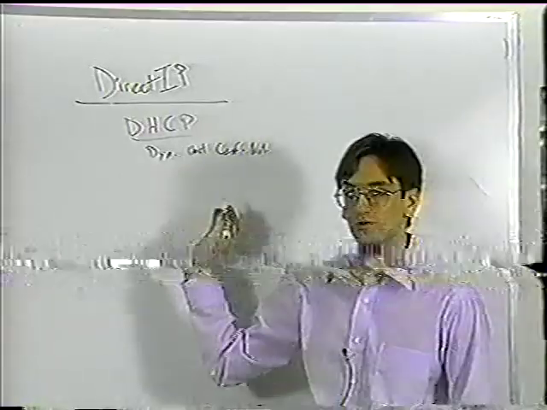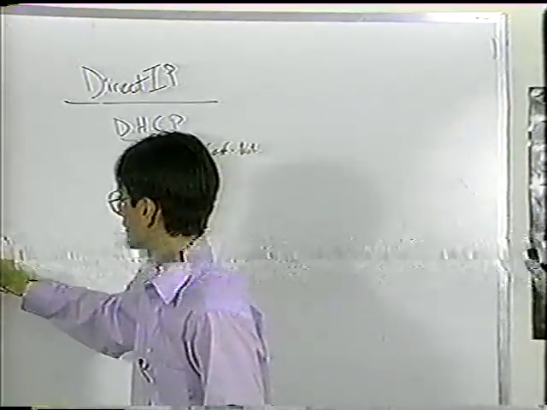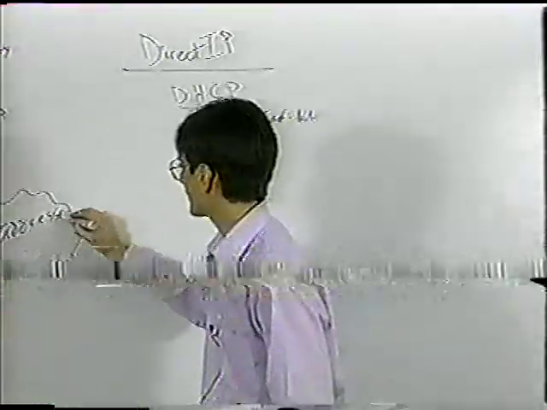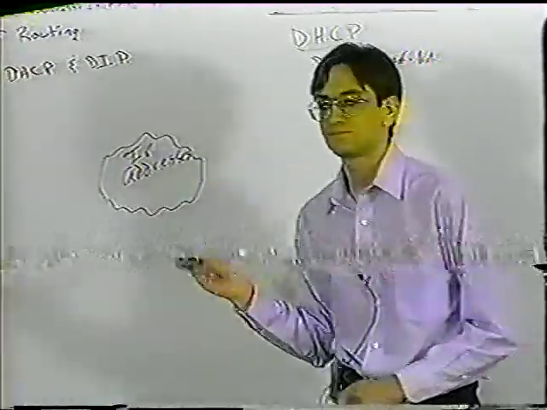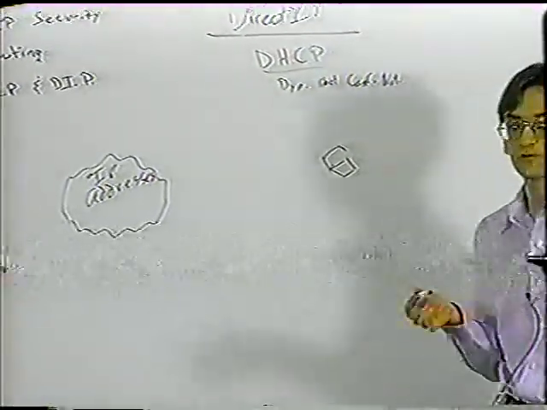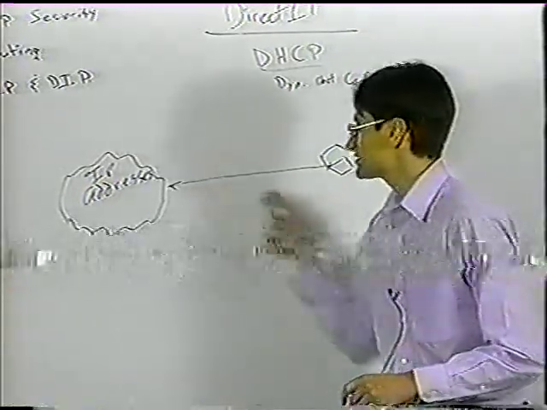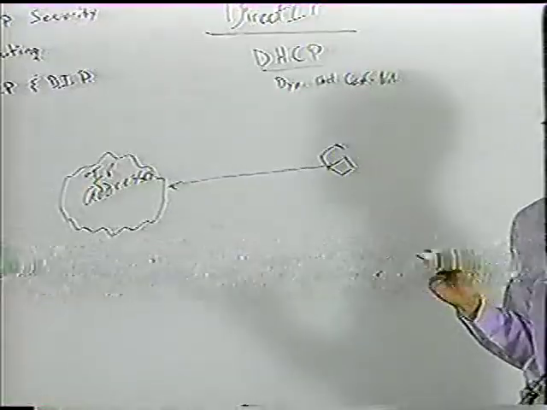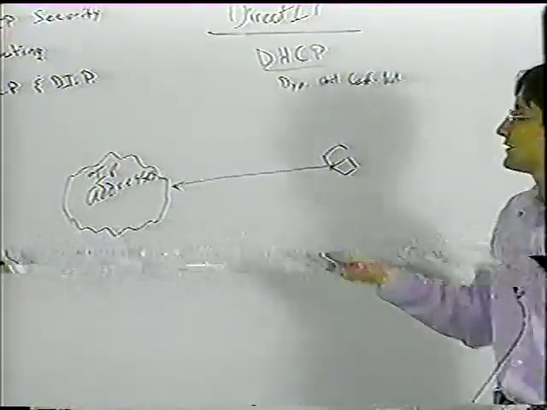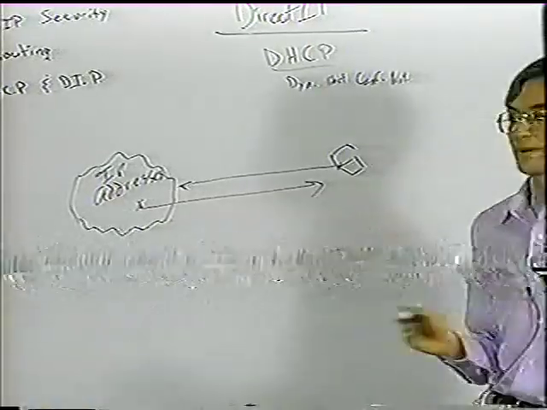The purpose of this protocol is you have a pool of IP addresses, and I have a host on my network, some host with some MAC address, unknown. This host requests the DHCP server to give an IP address, any IP address. So the server picks one and sends it back.